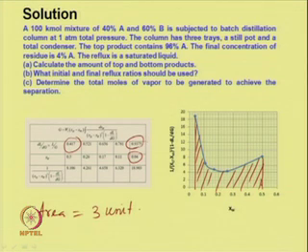So, this is the final reflux ratio and this is the initial reflux ratio. The area under the curve is 3 units.